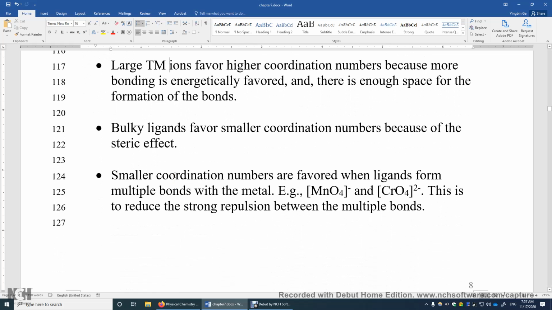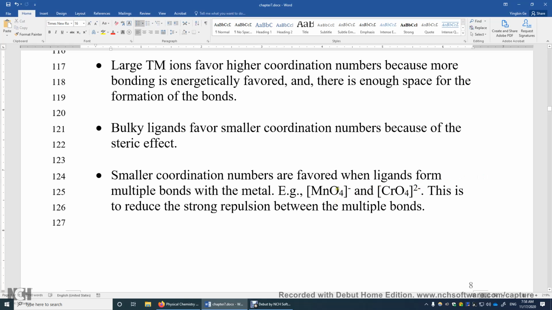Also, if the transition metal forms double bonds or triple bonds with the ligands, then very often we observe smaller coordination numbers. So in this case, the IUPAC name is tetraoxidomanganate because of the negative charge here. Tetraoxidochromate because of the negative charges here.